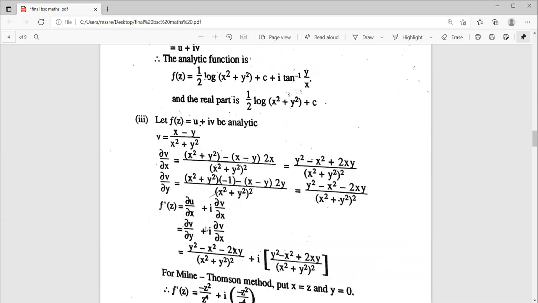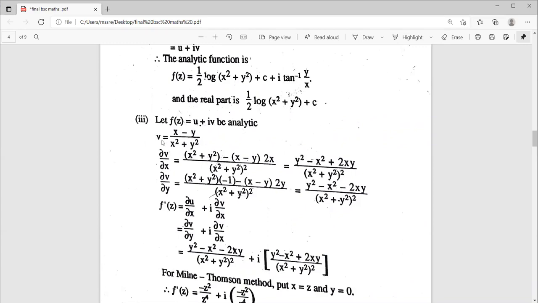When can we use the CR equation? If the function is analytic. If the function is analytic, then only it satisfies CR equations. So you must start from a function f of z equals u plus iv be analytic.